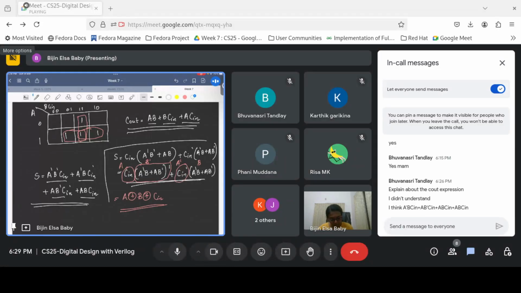So this is the optimized expression for sum, and carry out is this one.